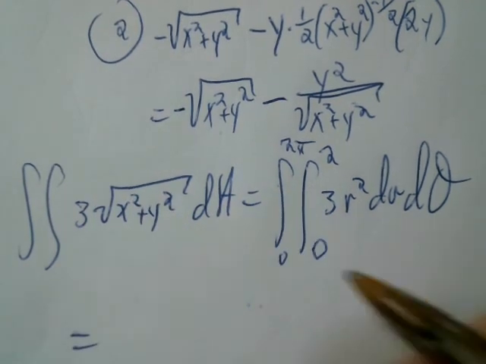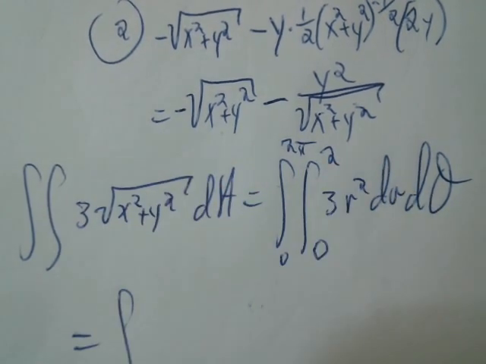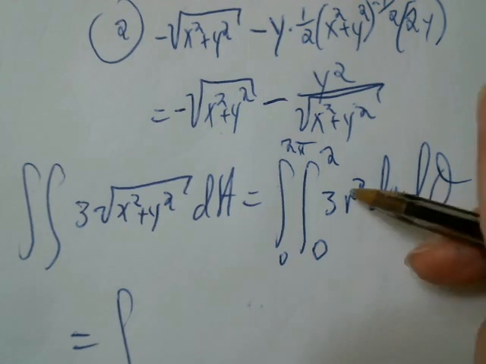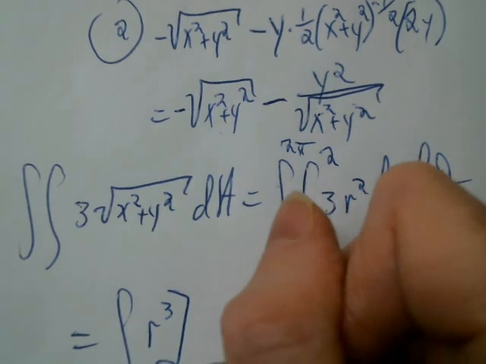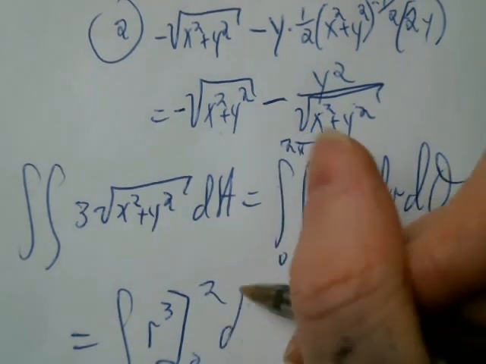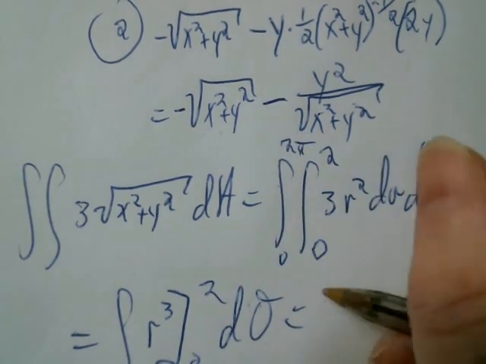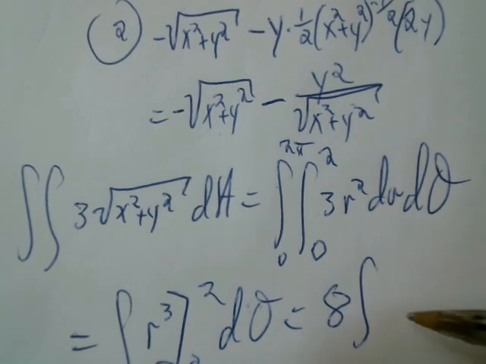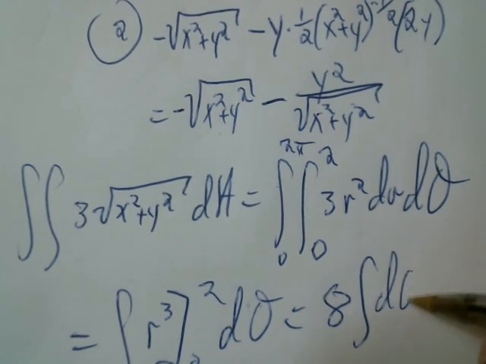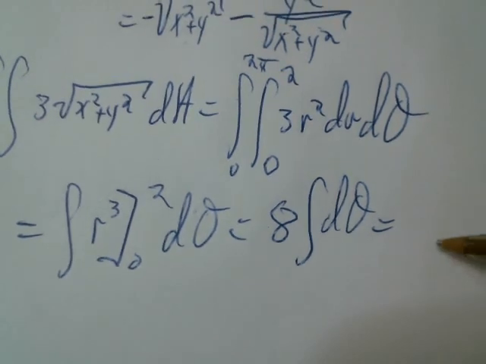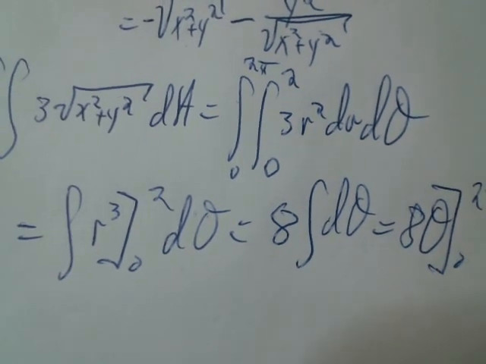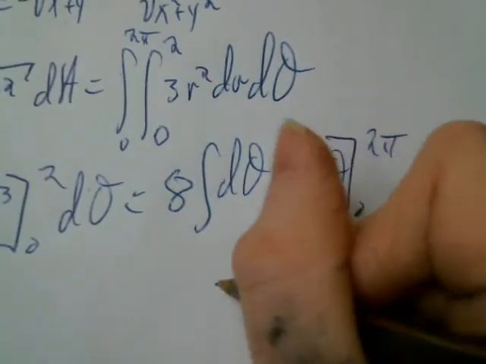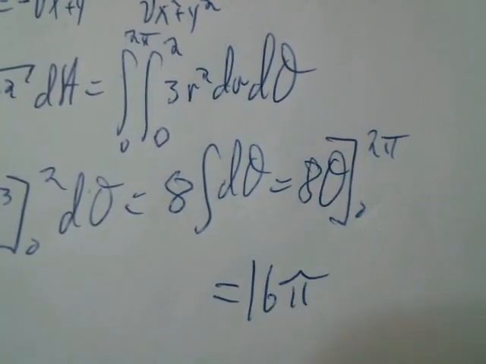And then that will equal the integral of 3r cubed over 3, which would just be r cubed from 0 to 2 d theta. So you have 8 times the integral d theta, and then the integral of d theta is just theta from 0 to 2 pi. So it looks like we're getting 16 pi again. Seems like a common theme today, 16 pi.